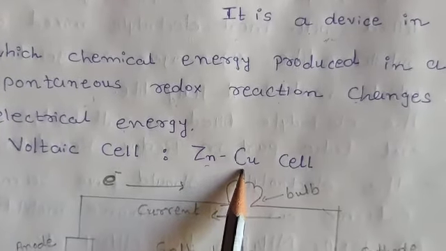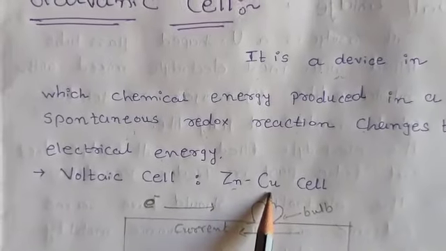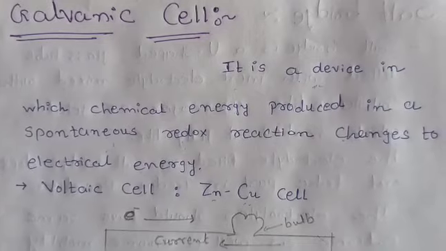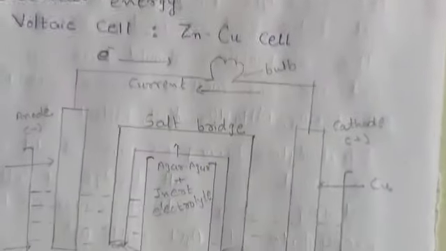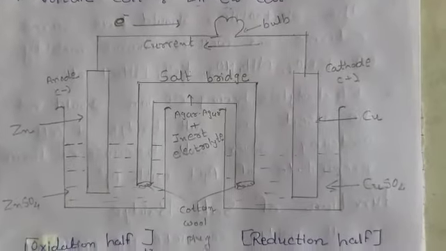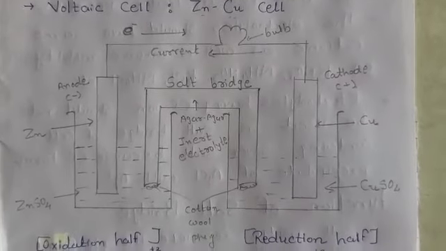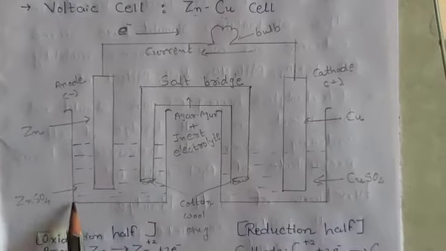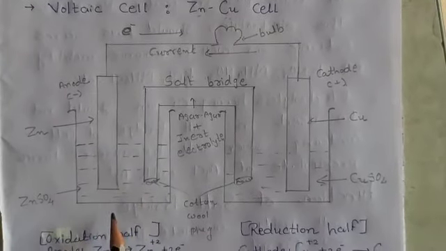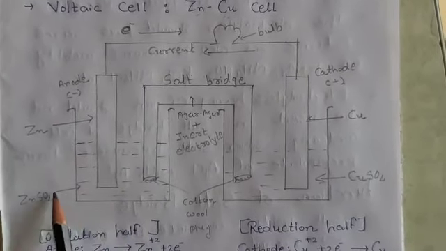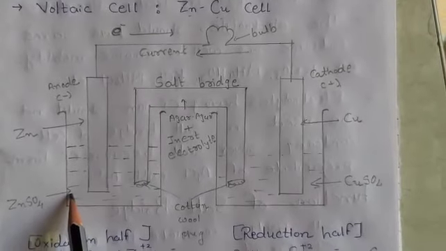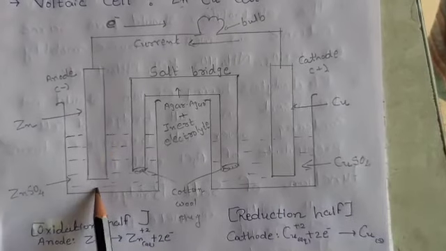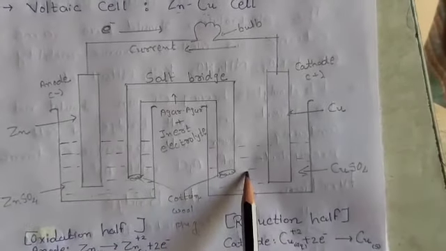If we take zinc and copper for the formation of a galvanic cell, it is known as the Voltaic cell, right? It is our zinc copper cell, a galvanic cell. In it we take one beaker filled with ZnSO4 zinc sulfate solution, and a zinc rod is dipped in this solution, right?